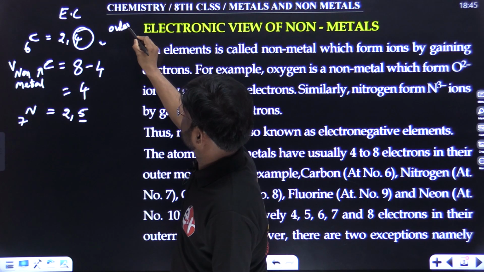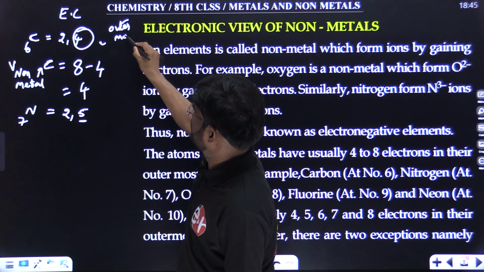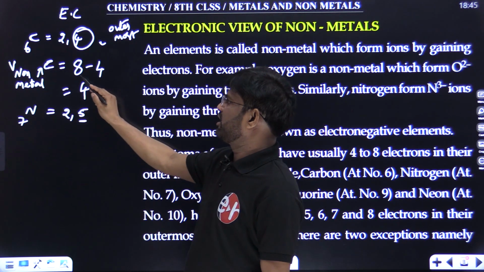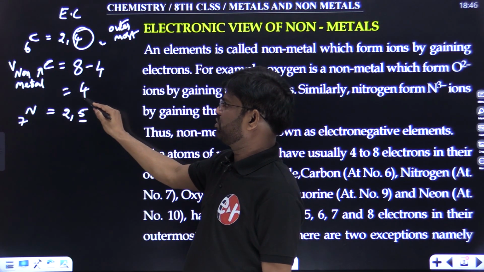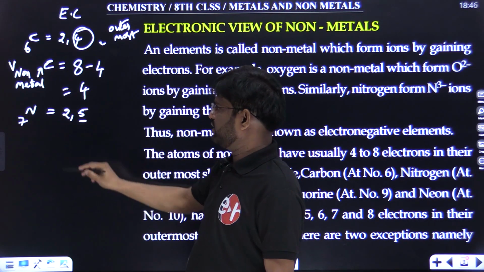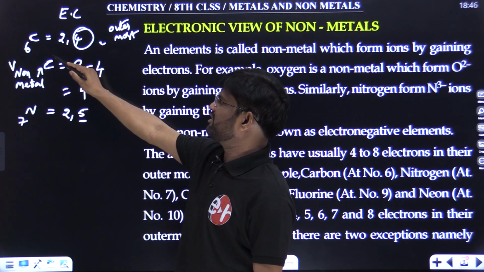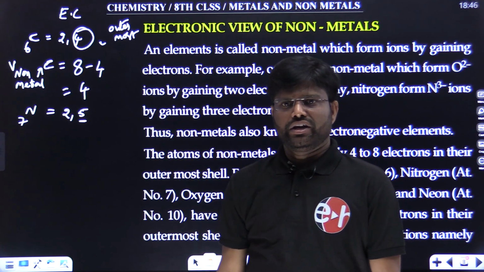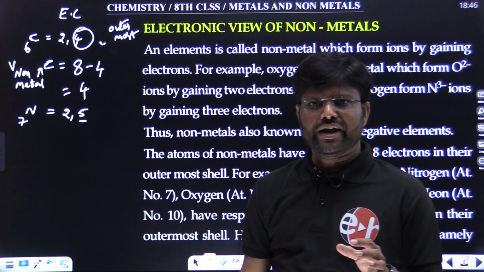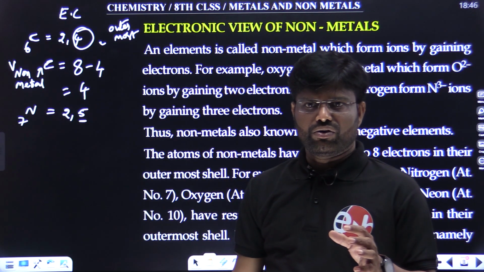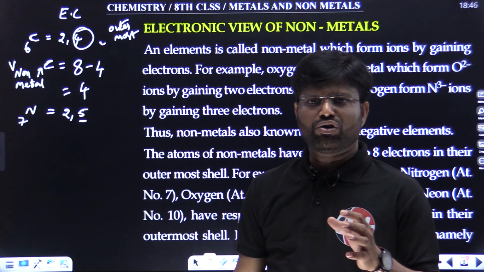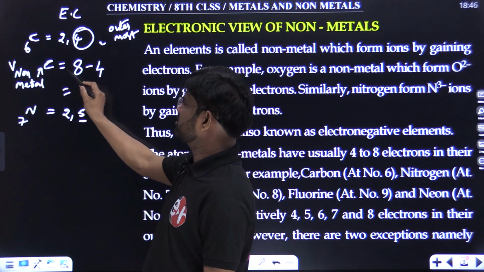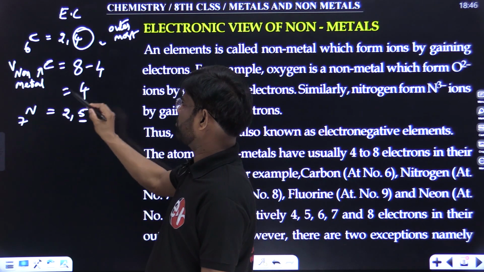Outermost electrons means valence shell electrons. The valency of a non-metal is 8 minus 4, so the valency of carbon is 4. Valence electrons 4. To find the valency, 8 minus the outermost electrons, 4.